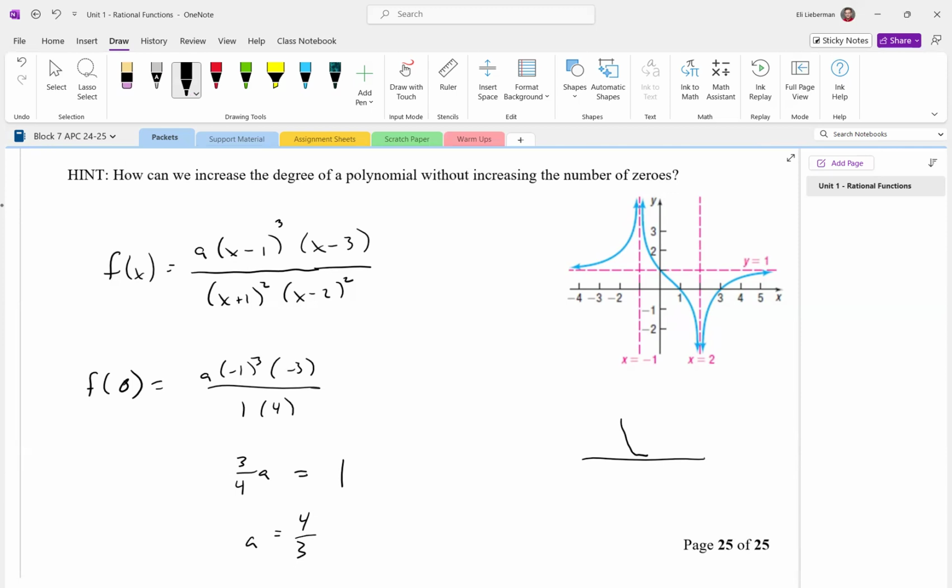Did this mess up the horizontal asymptote? If I put in 4/3, the asymptote is gone. What? Why?